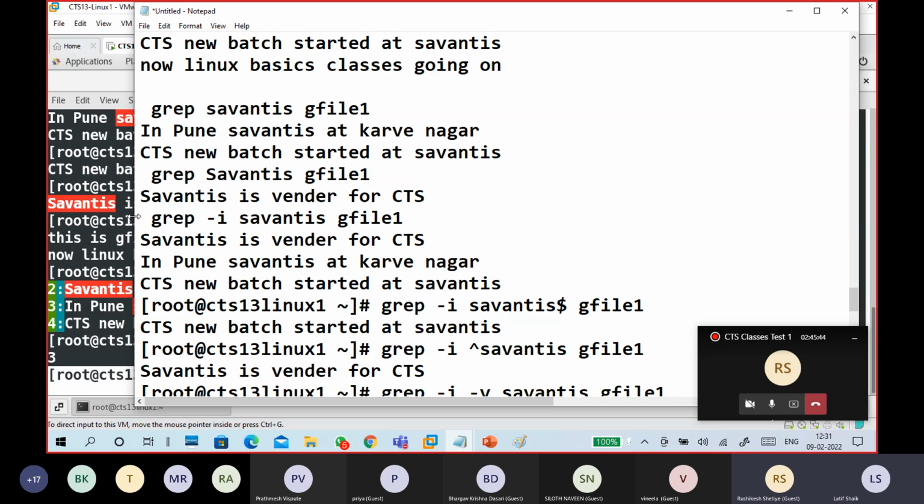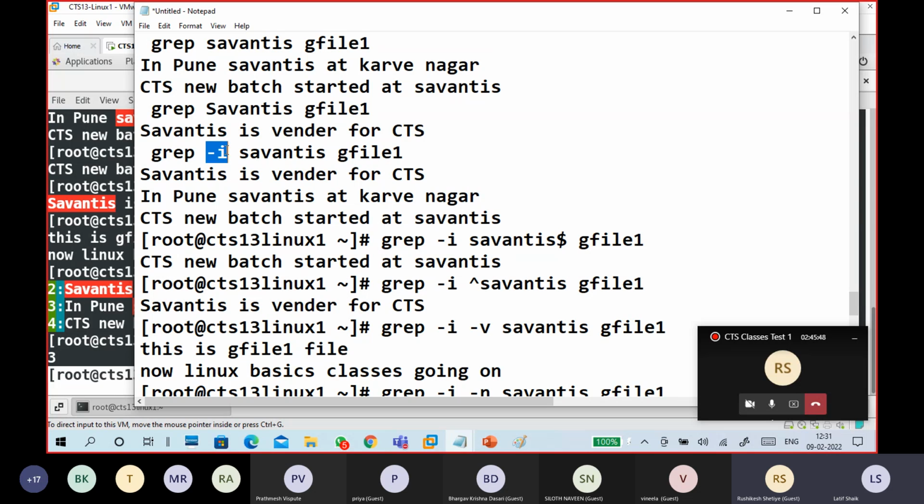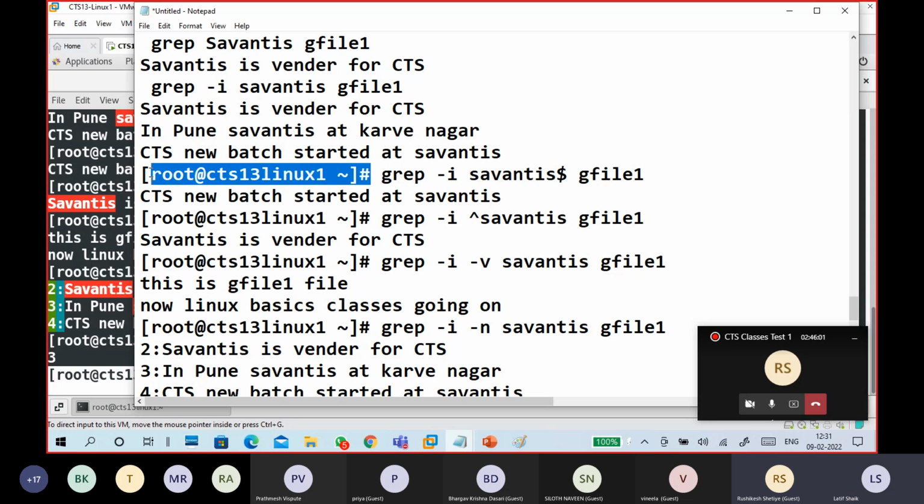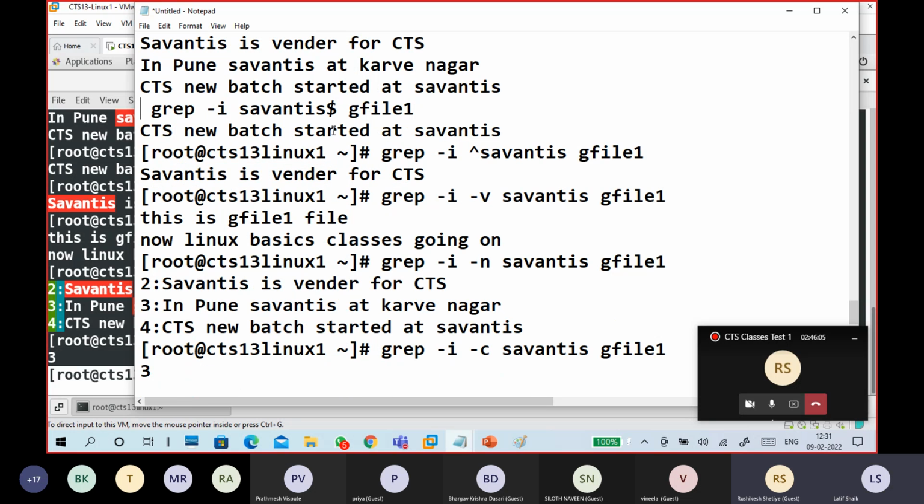What is the use of -i? -i ignores case sensitivity, because the keyword in our file can be in capital letters, small letters, or a mix of capital and small letters. So it is better to use -i for case insensitivity.